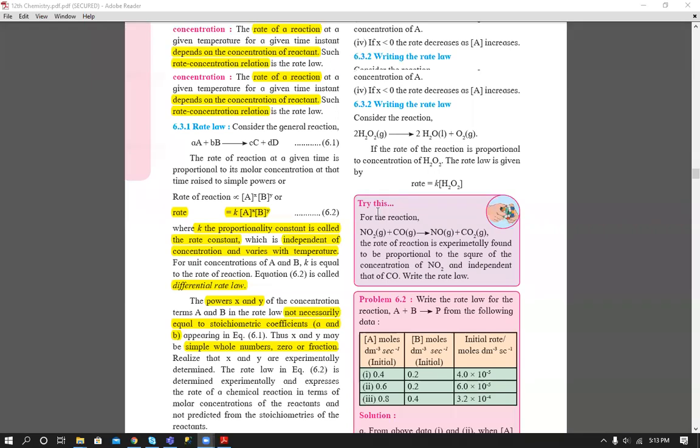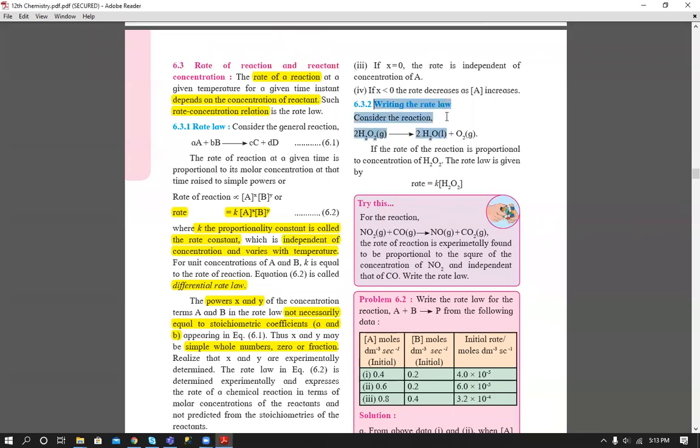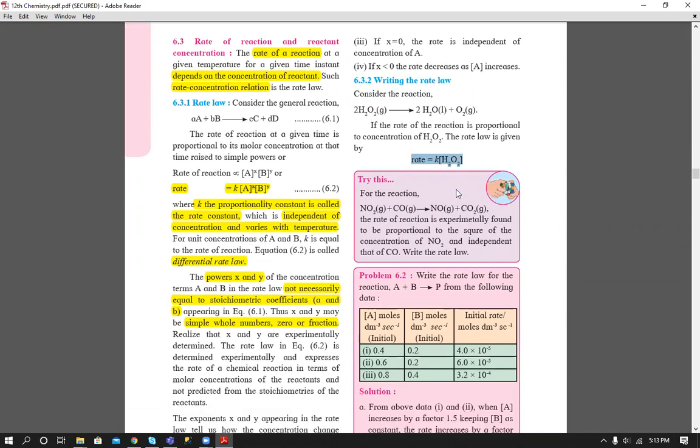Then we have seen how to write down the rate law. In the rate equation, or rate law, or rate expression, we write only those reactants' concentrations on which the rate actually depends. It is not necessary that the reaction depends on all reactants.